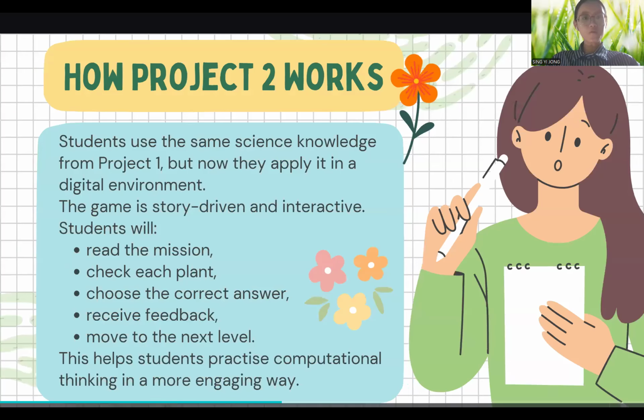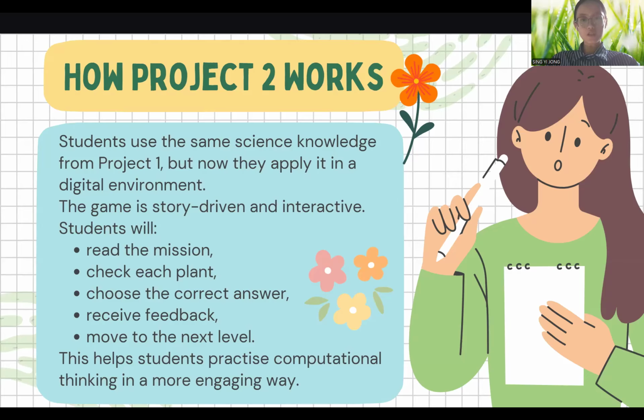In terms of how it actually plays out, students use the very same science knowledge from Project 1. But now they apply it inside a digital environment. The game is story driven and interactive from start to finish.